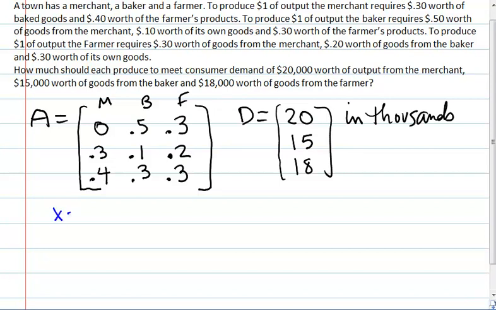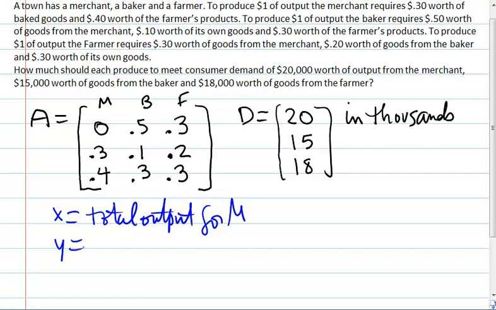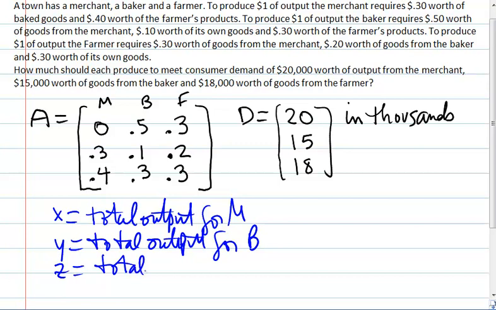First of all, let X be the total output for the merchant, Y the total output for the baker, and Z the total output for the farmer. And of course, these are what we're trying to find.